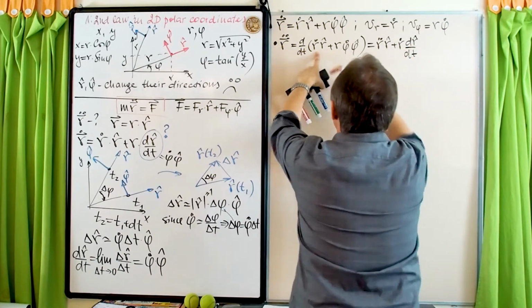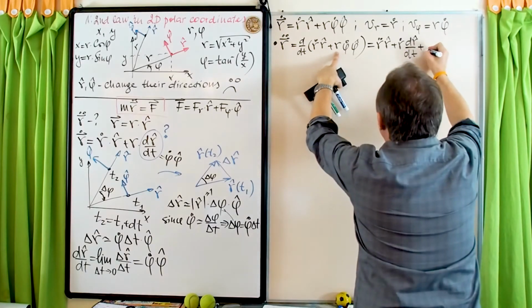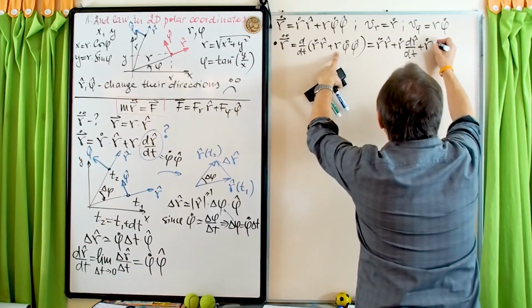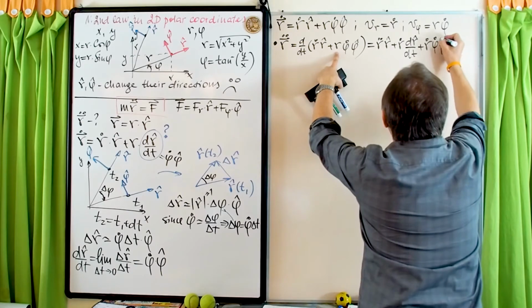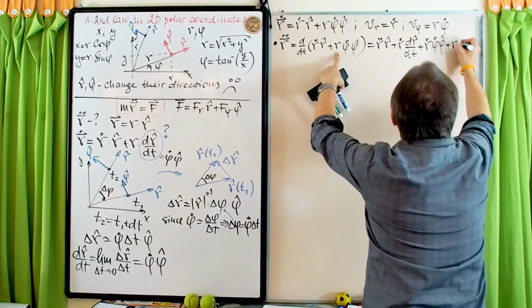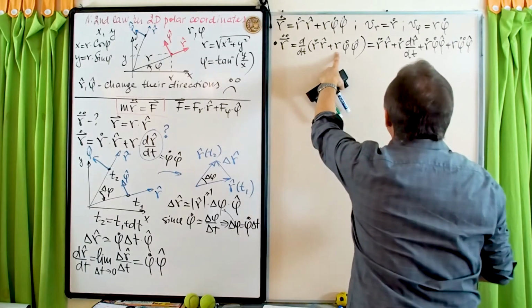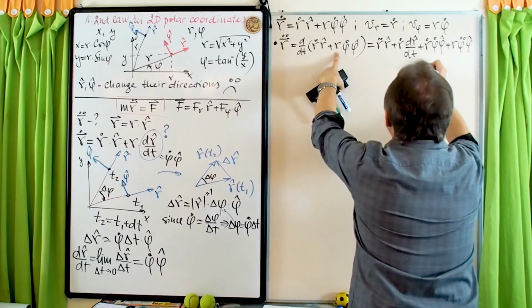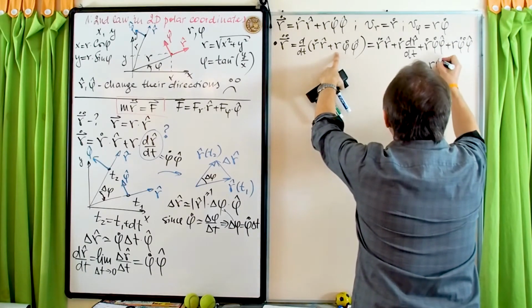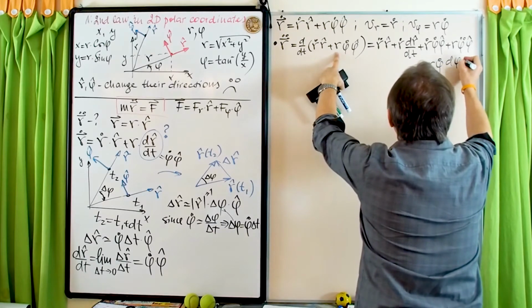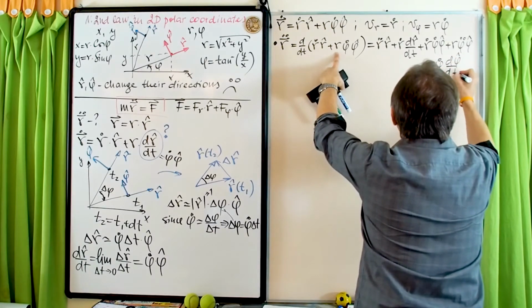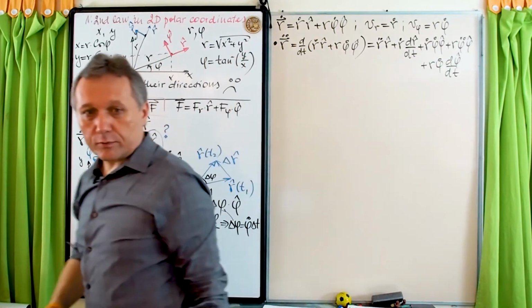So I took care of this, and now plus r dot phi hat plus r phi double dot phi hat, and the last term will be plus r phi dot and the derivative of phi hat with respect to time. Bunch of terms.